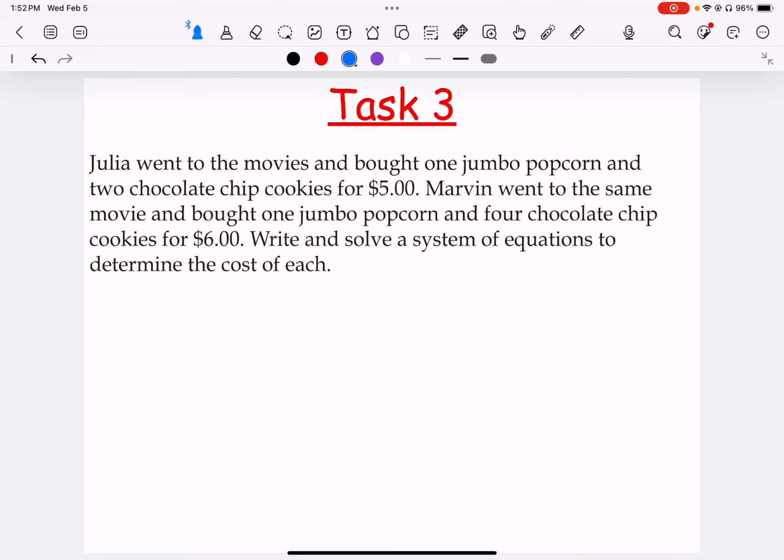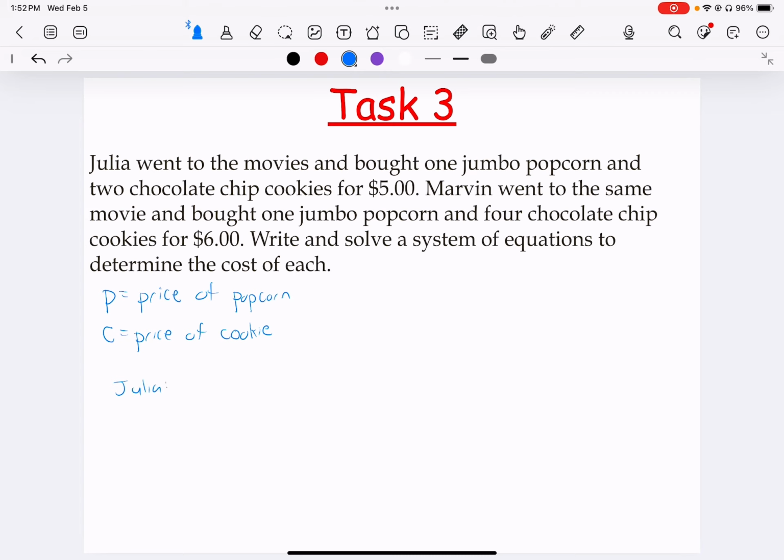So first, before I write my system, I'm going to identify my variables. I'm going to use P to represent the price of the popcorn, and I'm going to use C to represent the price of the cookies. Now I'm going to write my equation for Julia first.